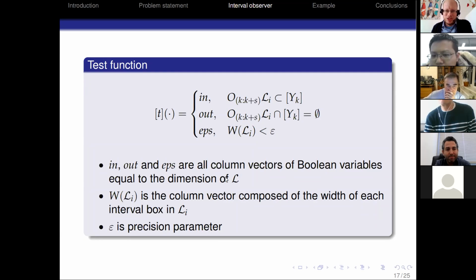Maybe it's a suggestion for future work to use something related to how far the domains are overlapping, because you already computed this W. And maybe directly use the width of overlap as an indicator: does it make sense to further split the box, or is it so tiny and has such a small overlap that it may not even bring any improvement?